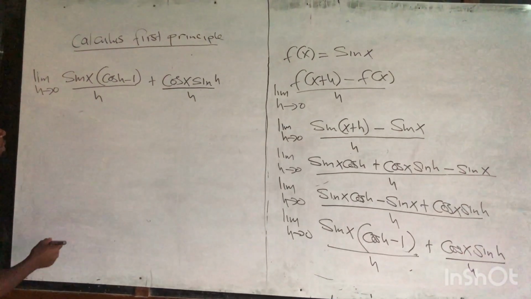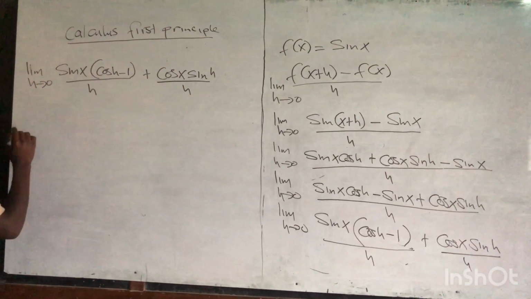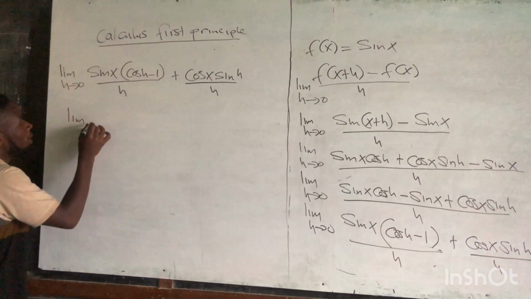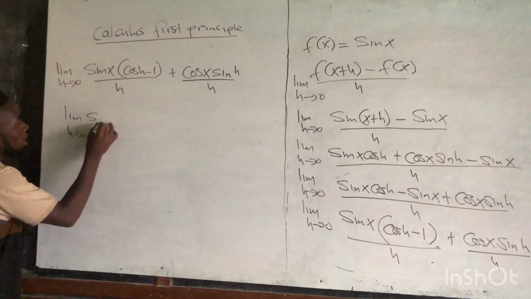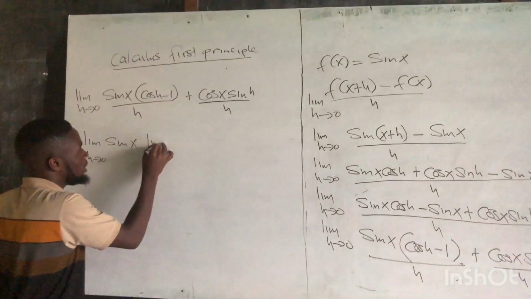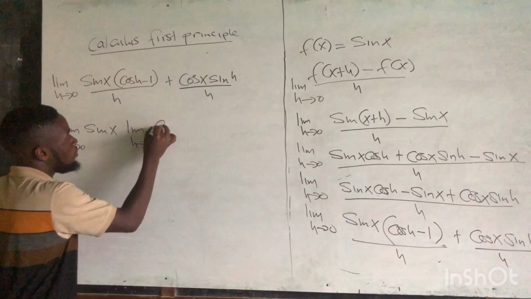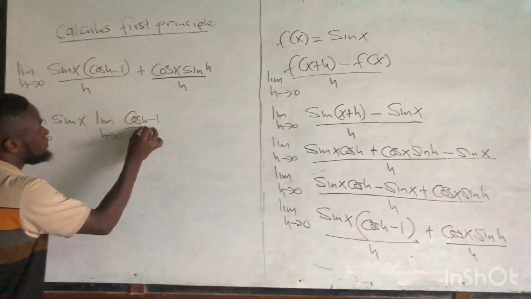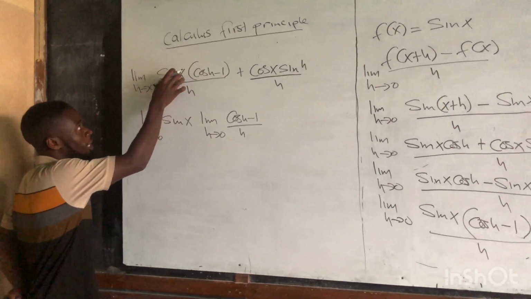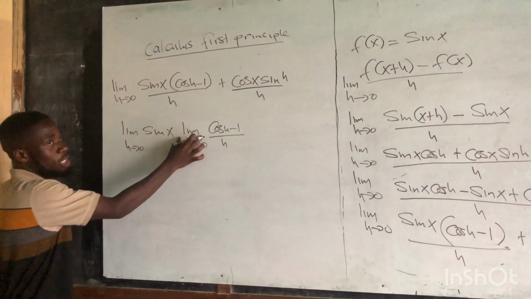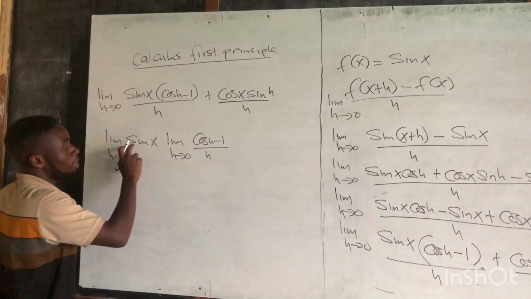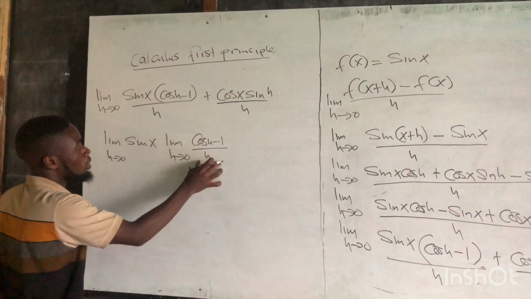So we can simplify this in this way. Let's break this one. Limit as h is approaching 0, we have sine x, let's separate these two, then again limit as h is approaching 0, we have cos h minus 1 over h. Our main goal, the reason why we separated this and introduced the limit here, is that we have not changed anything, because when we multiply this and this, we get sine x, cos h minus 1 over h.